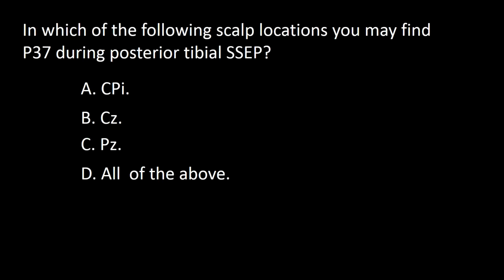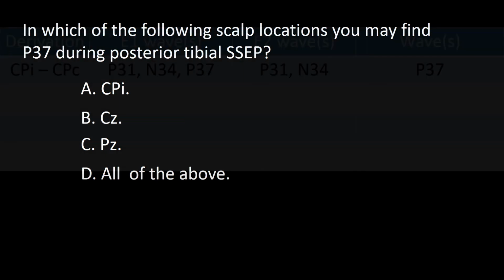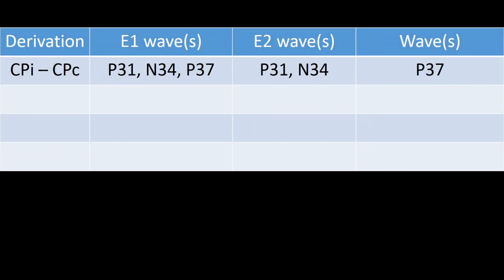Next question. In which of the following scalp locations may you find P37 during posterior tibial nerve somatosensory evoked potentials? A. CPI, B. CZ, C. PZ, D. All of the above. Using the regular montage, the usual place to find an isolated P37 is the centroparietal region ipsilateral to the stimulus.